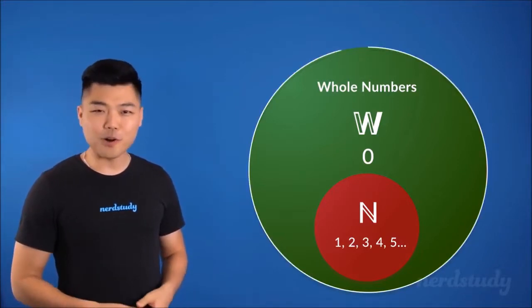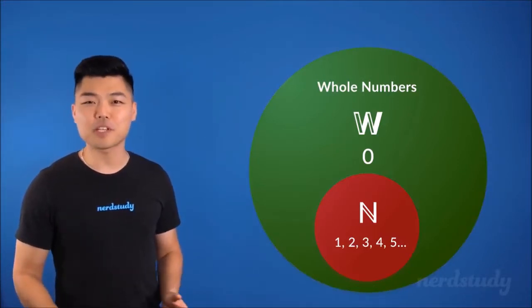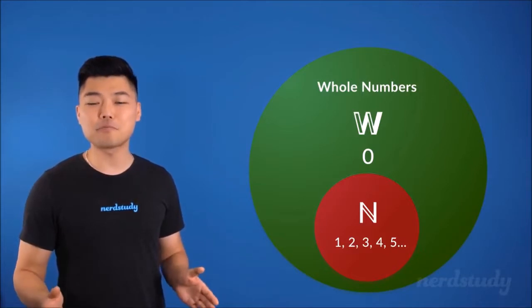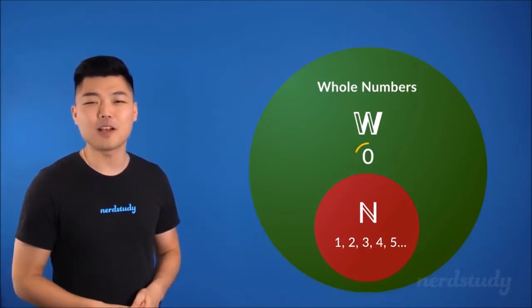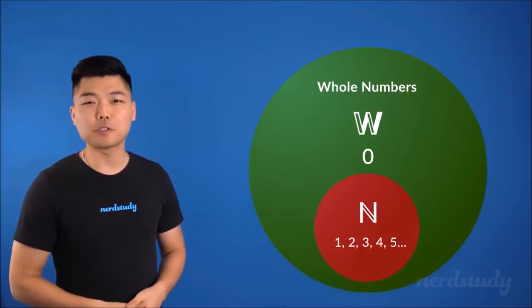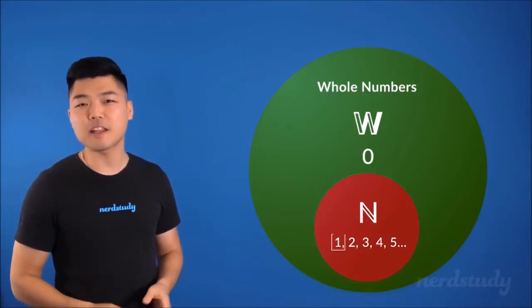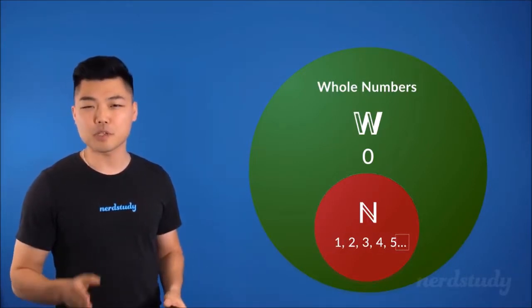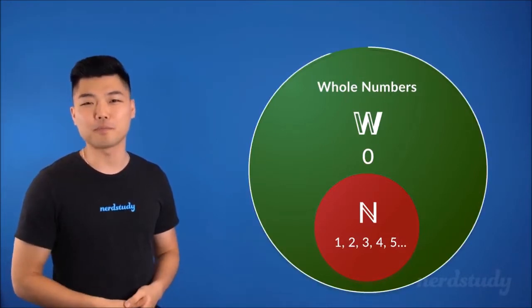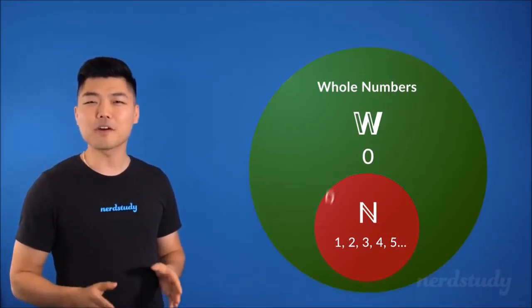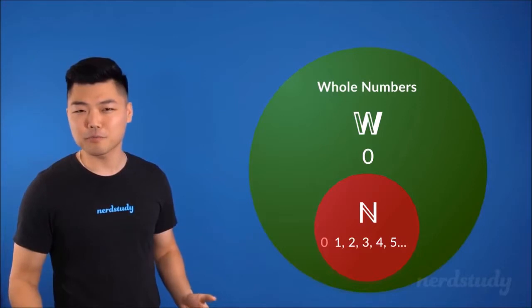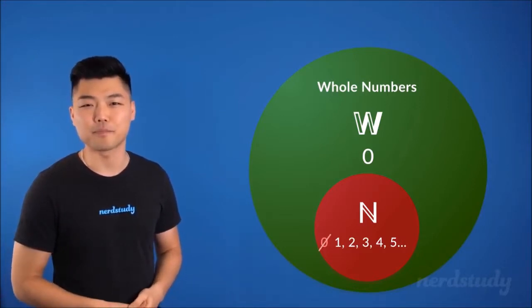Whole numbers are exactly the same as natural numbers, except that they start with a number that looks like a whole. Therefore, whole numbers include natural numbers, and this means that any natural number is also considered a whole number, but not necessarily the other way around, since 0 is not a natural number.